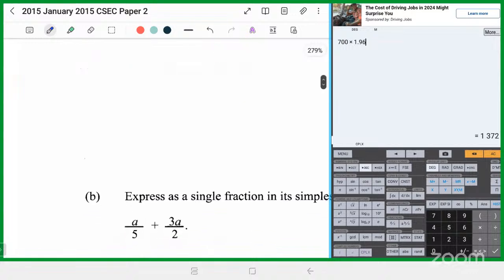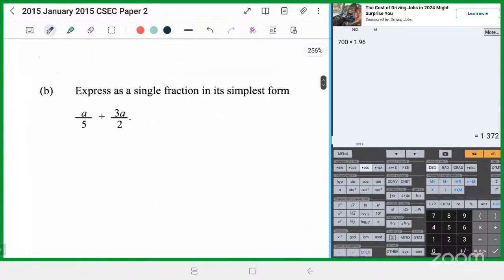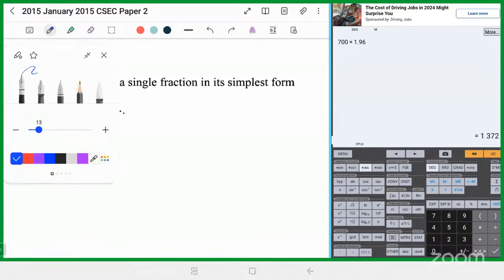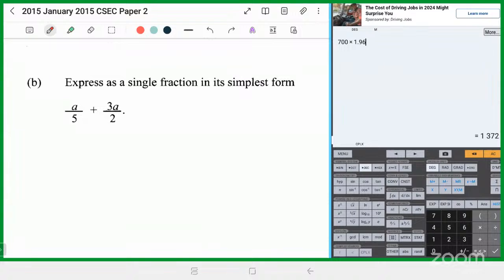Yes, sir. All right. Here, they want us to express this as a single fraction. It's an algebraic fraction. We want the two denominators to become the same, so I'm looking for the lowest common multiple of these two denominators, which is 10. For this one to become 10, I need to multiply it by 2. If I multiply the denominator by 2, I have to multiply the numerator by 2 as well.